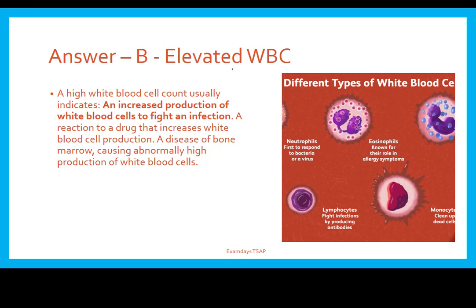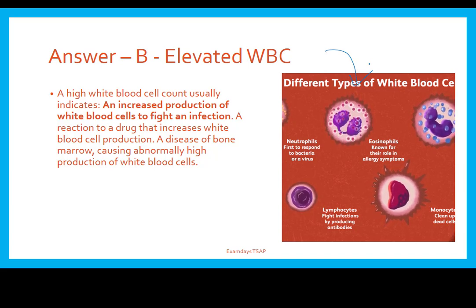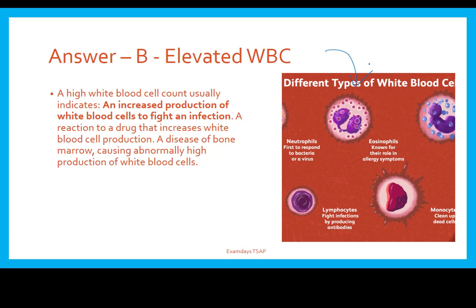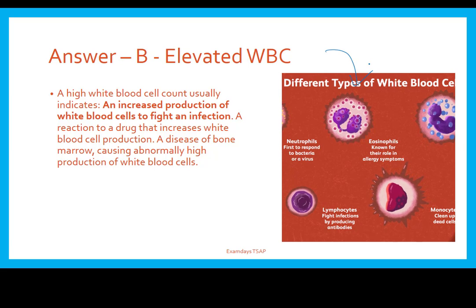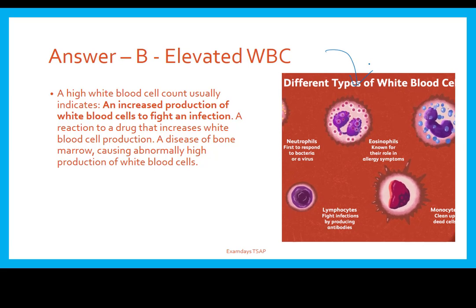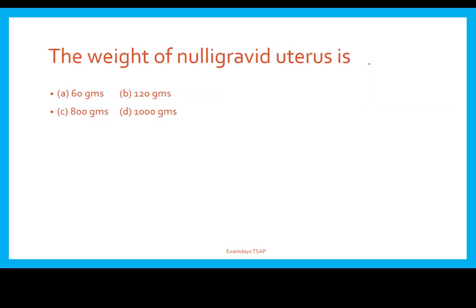Here we are given one image for reference purposes. What are the different types of white blood cells? Here are given neutrophils. These are the measurements taken during the blood test, which we call a complete blood count. Moving on to the next question.